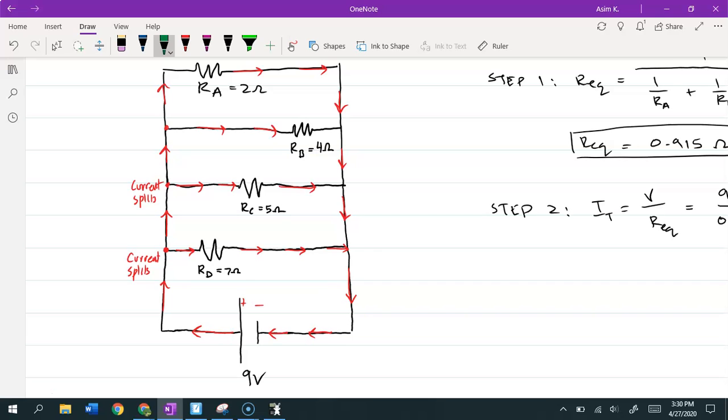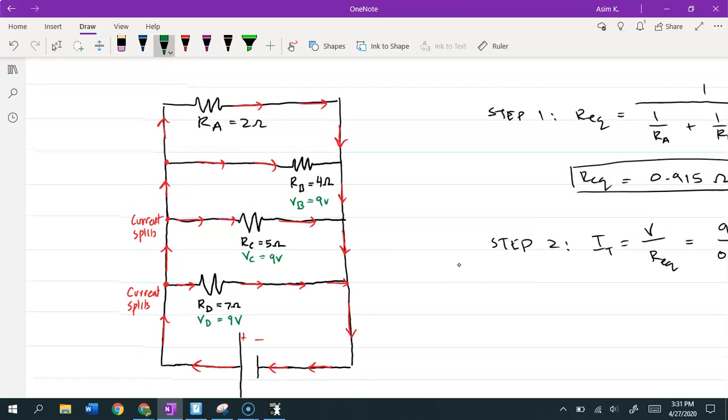We're going to put it in green, that the voltage drop across D is going to be 9 volts. All right, it's going to be 9 volts right there. The voltage drop across resistor C is 9 volts. Resistor B, 9 volts. And resistor A, 9 volts.